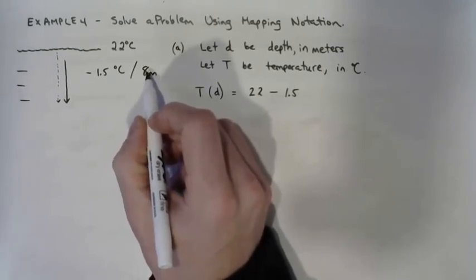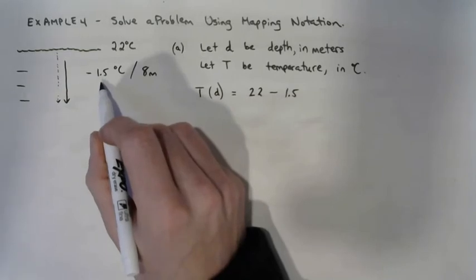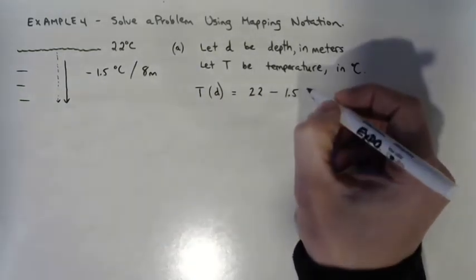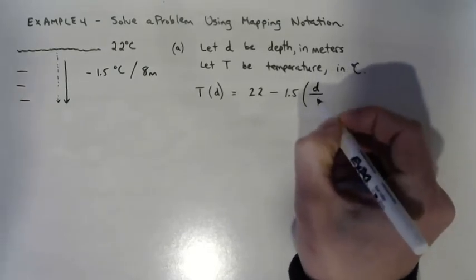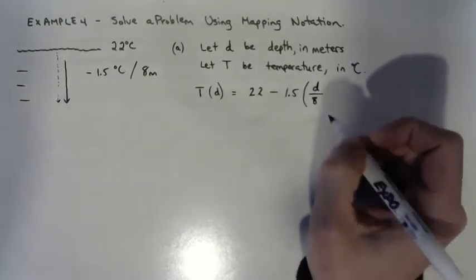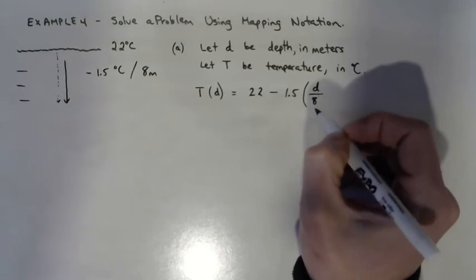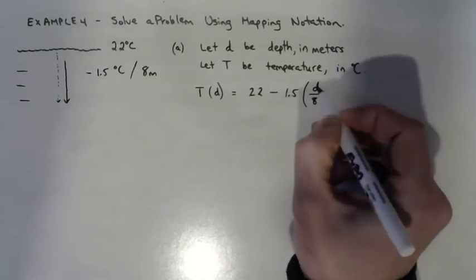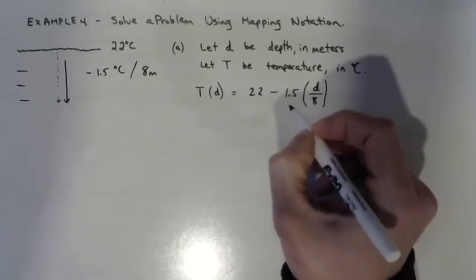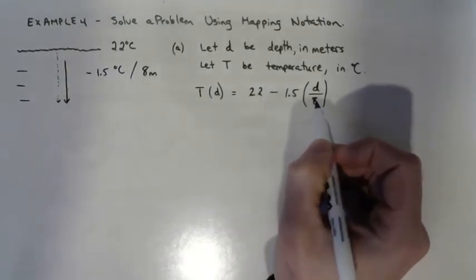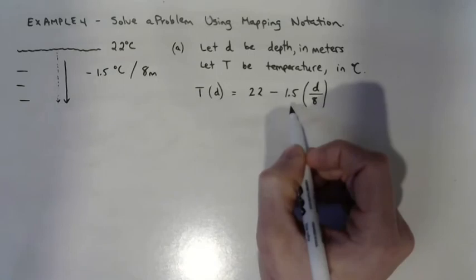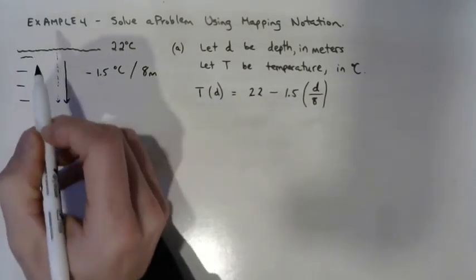Then it's only going to reduce by a fraction of that 1.5. So we're going to take the actual depth and divide it by 8. If he dives 8 meters deep, we'll have one full increment, 8 over 8 times 1.5. But if he only dives 2 meters deep, we'll have 2 over 8, a quarter of that 1.5 increment. He'd be somewhere up here, okay?